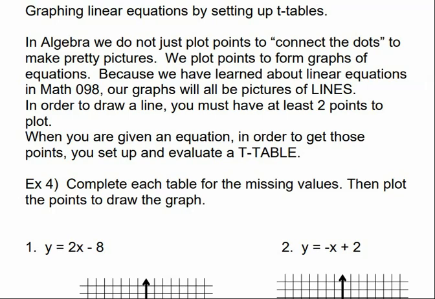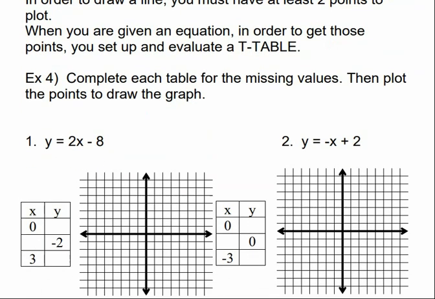Linear equation means lines. So in order to draw a line, you have to have at least 2 points to plot. When we're given an equation, in order to get the points that go with that equation, we can set up a t-table. Well, in these examples, the t-table is already drawn for us.